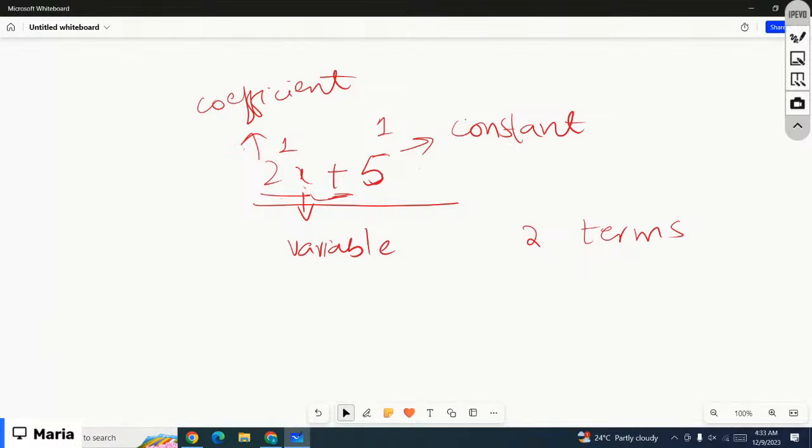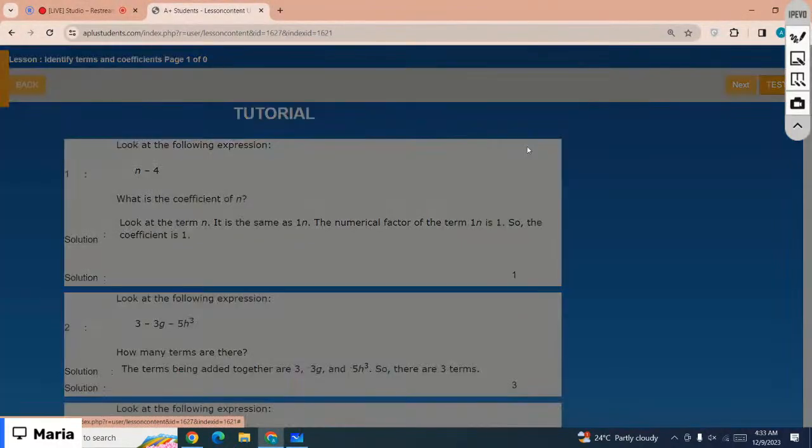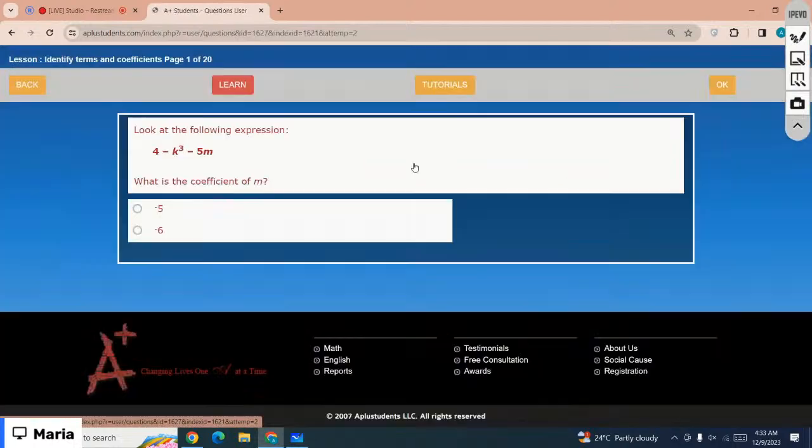Let's just start with the practice questions. Okay, look at the following expression. What is the coefficient of m? Which is the correct option?